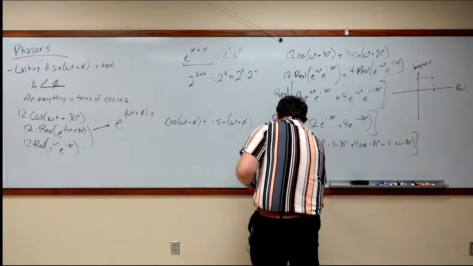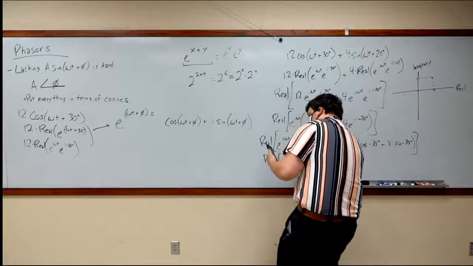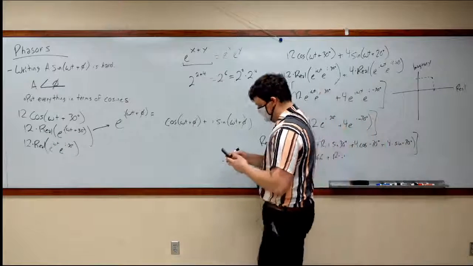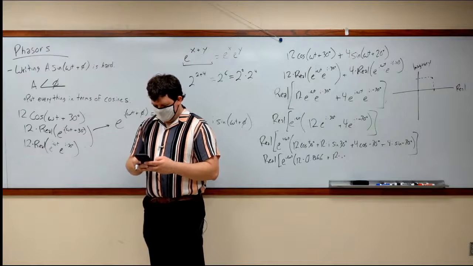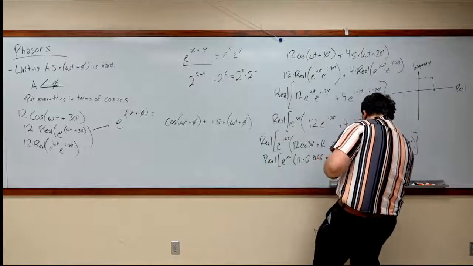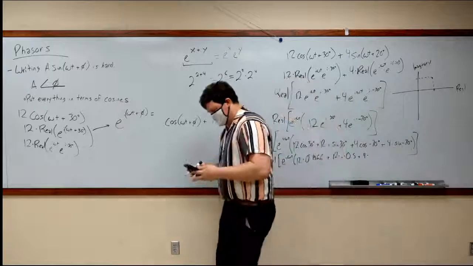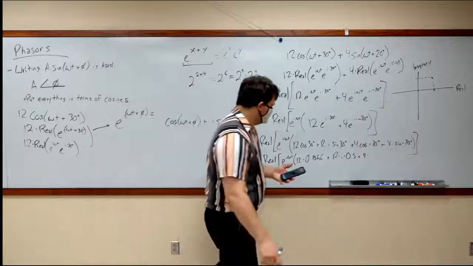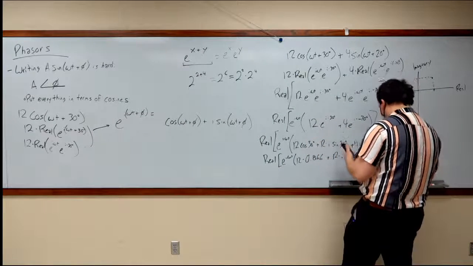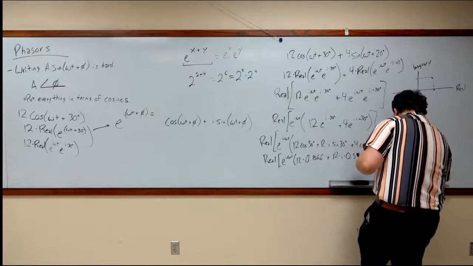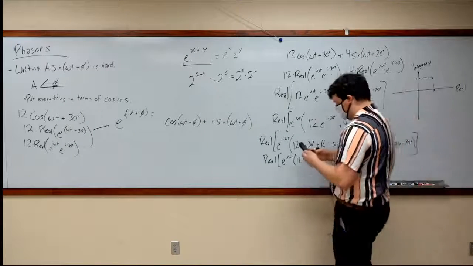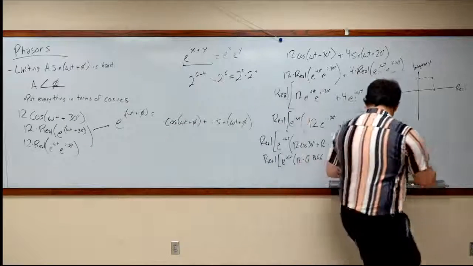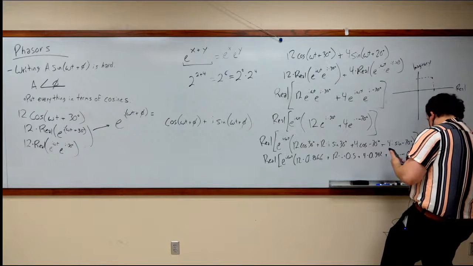This becomes the real component of e to the I omega t of 12 times 0.866 plus 12 times I times 0.5 plus 4 times 0.342 plus 4 times I times negative 0.9397.